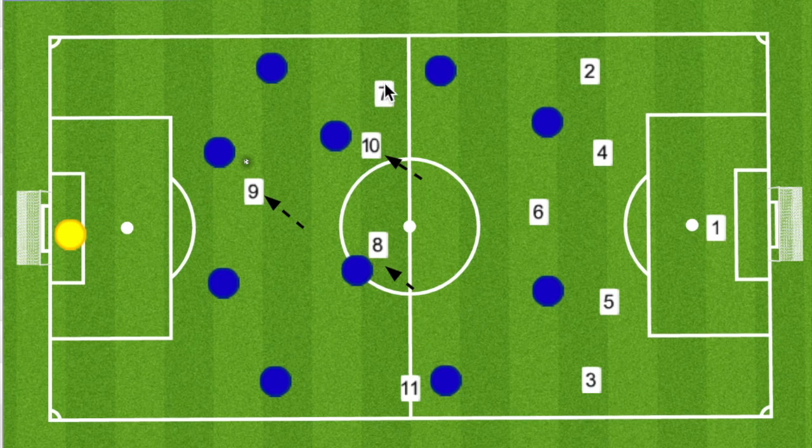So if our number 7 was to essentially open up and try to cover this player man-to-man, then we have a very clear pass from the center back to the left midfielder there. Okay, that is not a pass that we want to allow.